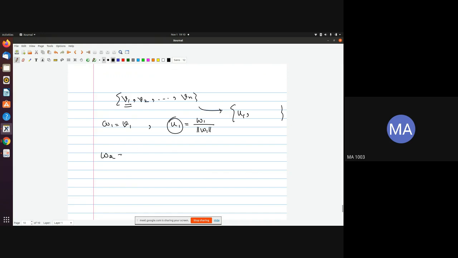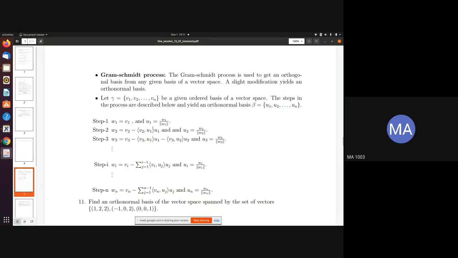So first construct W2. What is W2? Here it is written like this. So first let me write down what it is: V2 minus the inner product of V2 and U1 times U1.